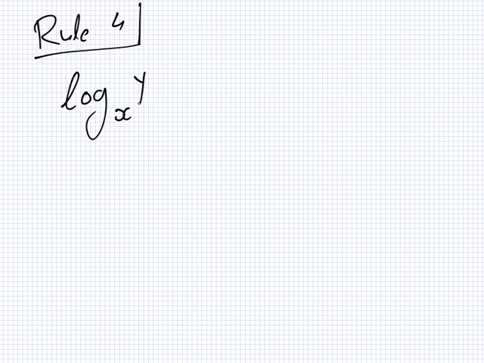Sometimes students ask me, don't you have this rule and this rule as well? If you know more rules, that's fine. I'm just covering the ones that you need for the exam. So this one here lets you swap the x and the y, and the price you pay for swapping them is you flip it into a fraction like this.